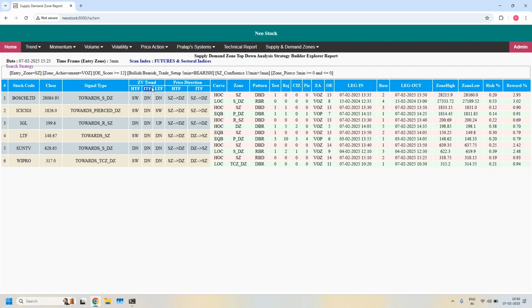And 15 minutes trend is down in all these stocks because it is bearish trade setup, ITF trend. And if any of these 15 minute supply zones are having daily EMA confluence, those stocks could be even more high probability trade setup supported stocks. Let's verify.